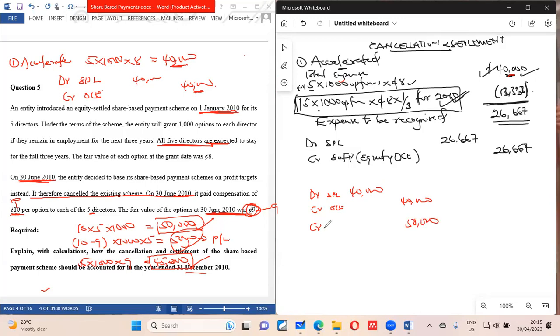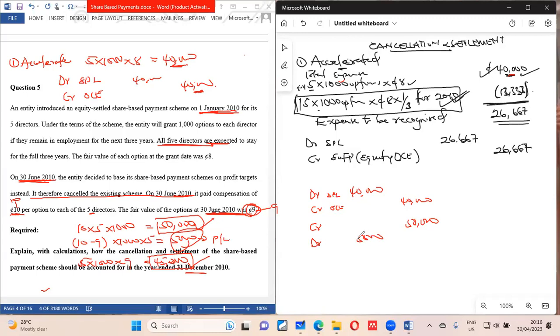Okay. Then this one. So when you credit cash and you have the corresponding entry, which is what you have here, you debit your P&L with this 5,000. So let's debit P&L with 5,000.